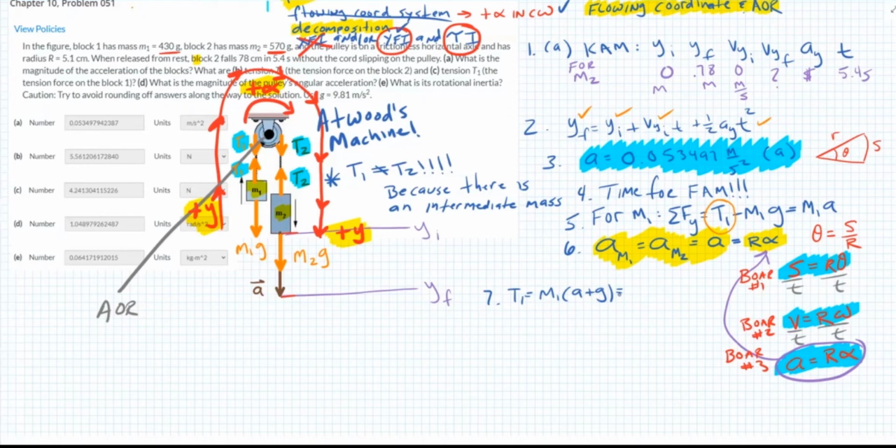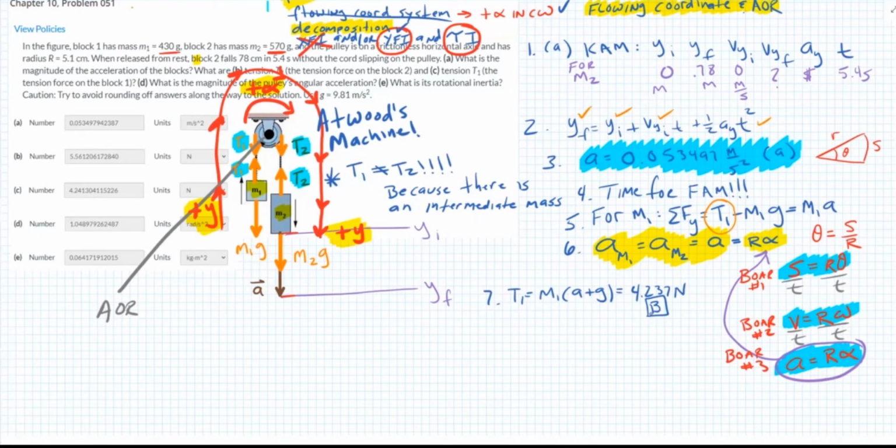A plus 9.8 times M1 is 0.43. That's 4.237 Newtons. I'm going to store that in calculator memory location B. Alpha A contains my acceleration. Okay, that's T1. I just solved for T1.